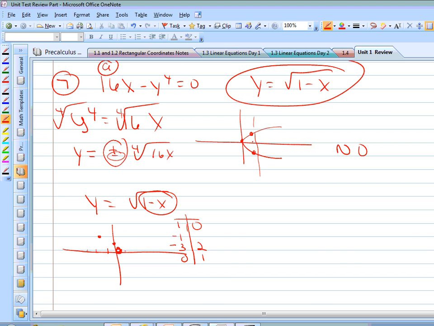Sorry, I don't have my graph done very good. Let me see if I can fix that. So at 1, we're 0. At 0, we're 1. And at negative 3, we're 2. Your graph would look something like that. Definitely passes the vertical line test. Plus, it's just a y equals graph, most of the time a function.